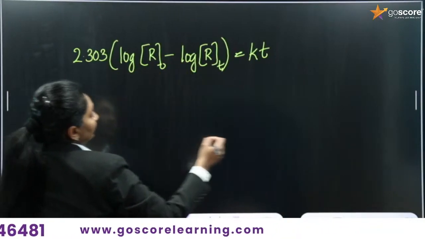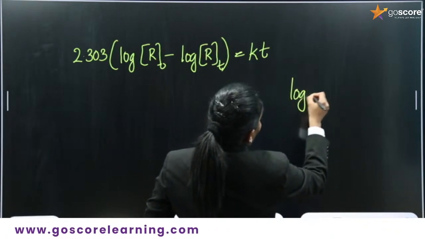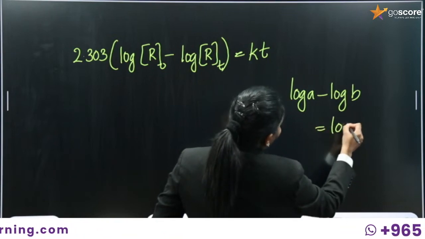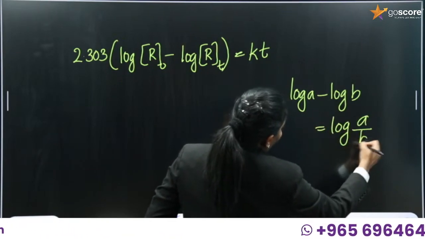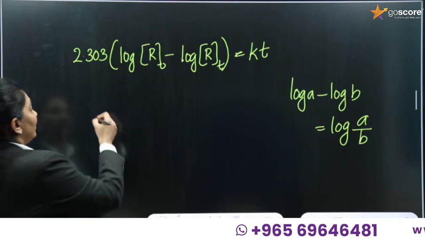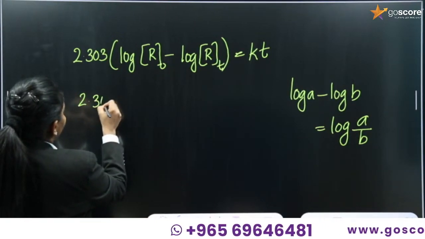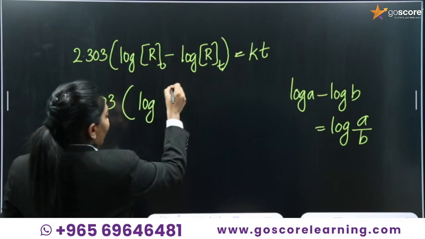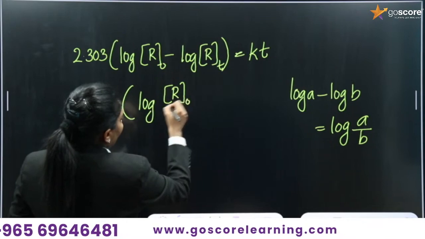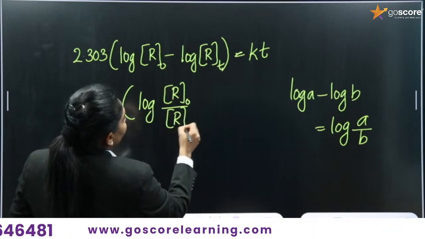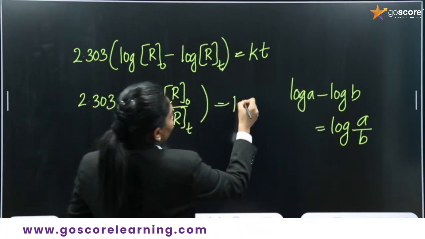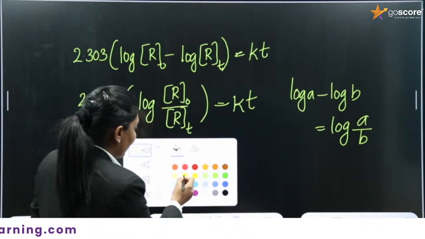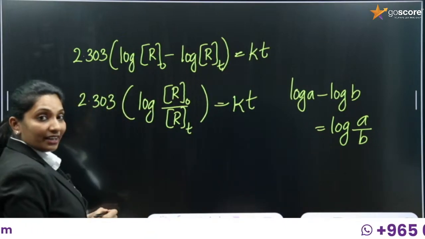So, log A minus log B, what is it? It is log A by B. So, when you write it like this, it will be 2.303 into log R0 by RT equal to KT.